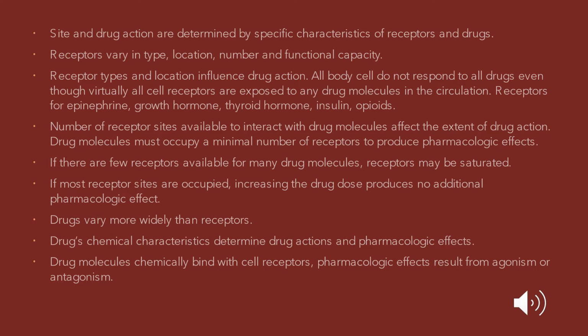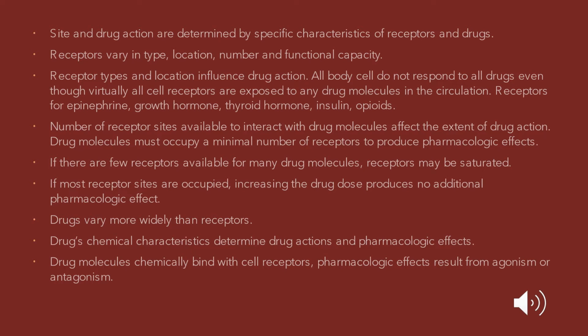Some occur in fewer body tissues, such as receptors for opioids in the brain and subgroups of receptors for epinephrine in the heart. That's the beta-1 adrenergic receptor. And then you have the receptors in the lungs, which are beta-2 adrenergic receptors.